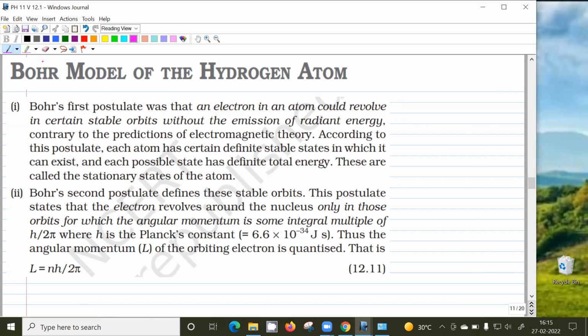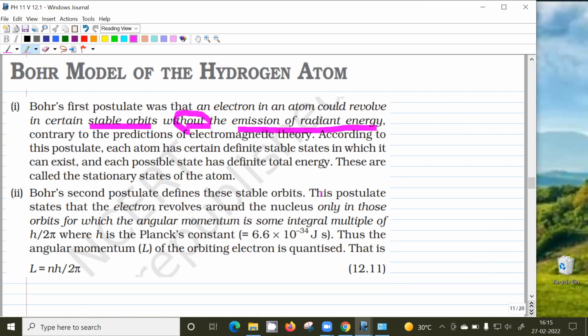So he assumed that when the electron is moving in a circular orbit, it is accelerating, but still there won't be any radiation. The orbits are stable, with no emission of energy. This is against the classical understanding of electromagnetic phenomena. Without radiating energy, it keeps moving in that circular orbit, and that makes it stable.